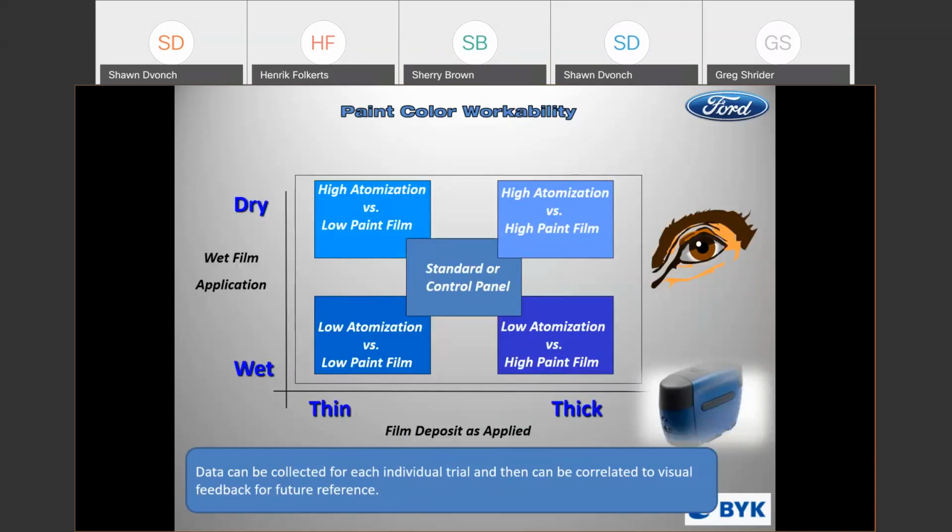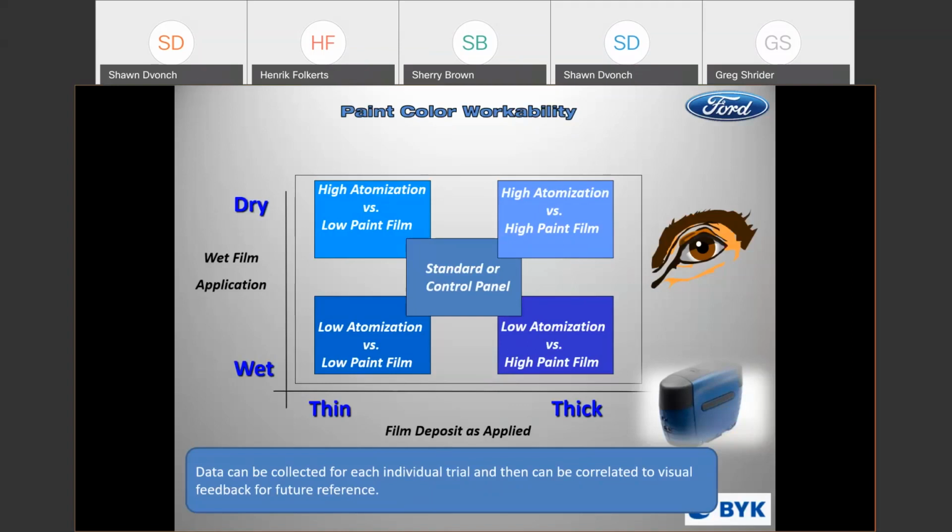If we're talking about a Bell paint applicator, maybe a dry application would be at a very high RPM, a very intense explosion or atomization of the paint, versus the wet would be a very slow bell speed or a very slow atomization. We're basically getting a larger droplet size.